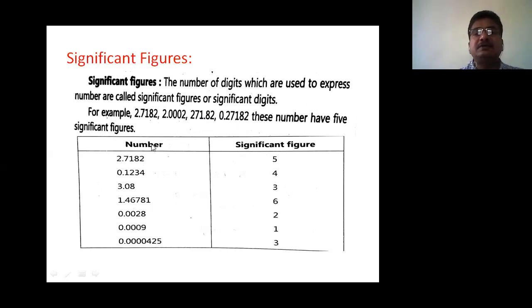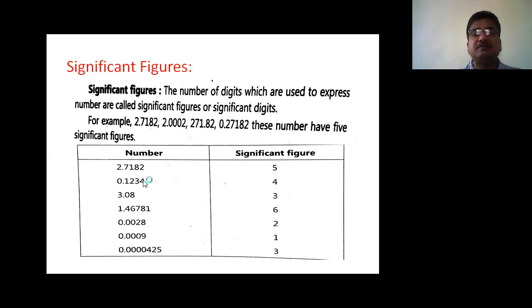Okay. So here is the data of number and significant figures. So the significant figures in this number are what? 5, because 5 digits are used to express this number. Okay. Similarly, the significant figures for this number 0.1234 are 4. 0 is not counted in the significant figures.